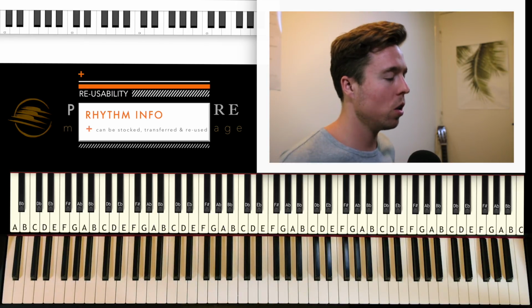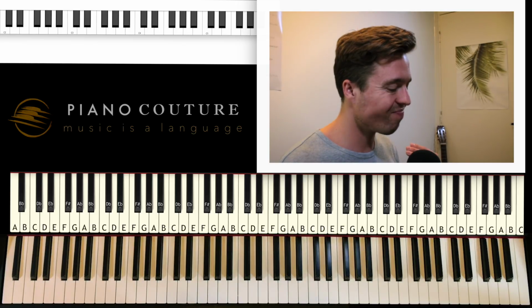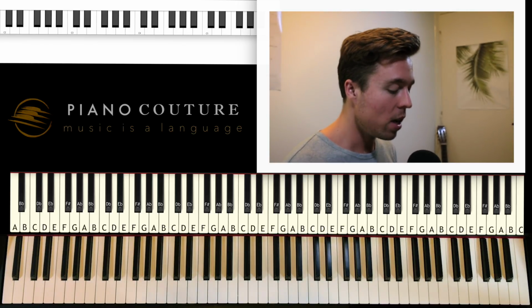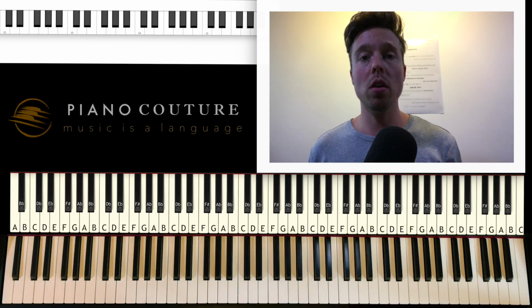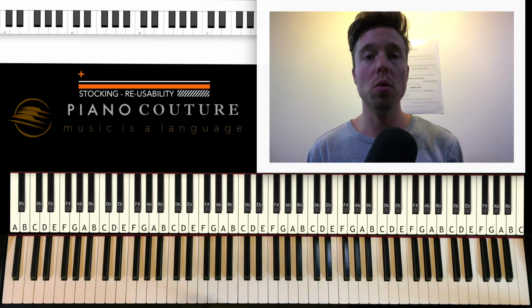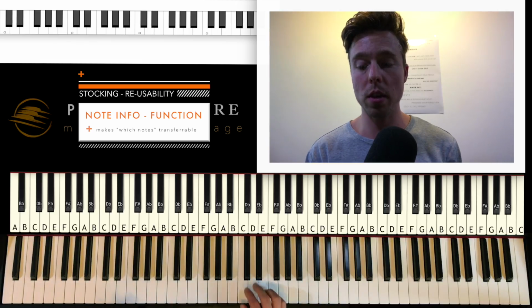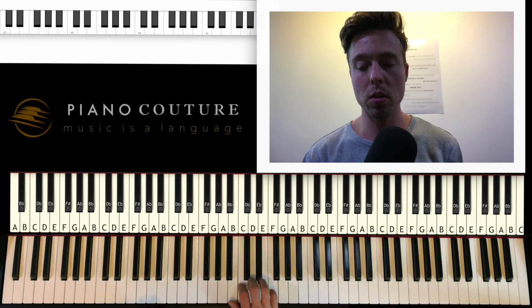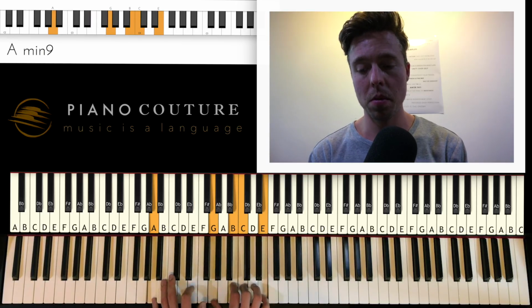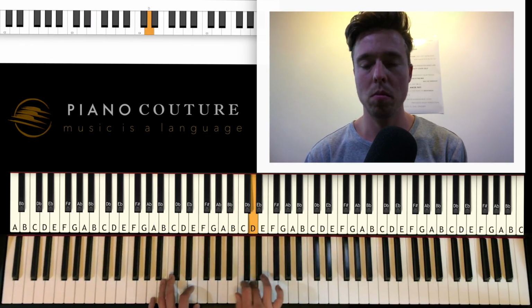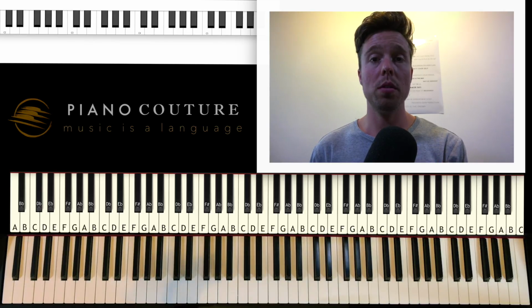So the stock thing of these licks is from multiple levels, actually. First of all, which note relationship to the tonic or whatever you're referring to are you playing? So you can transfer that, right? If I do this, I can do to have it in A minor. Right? So that's the first thing.